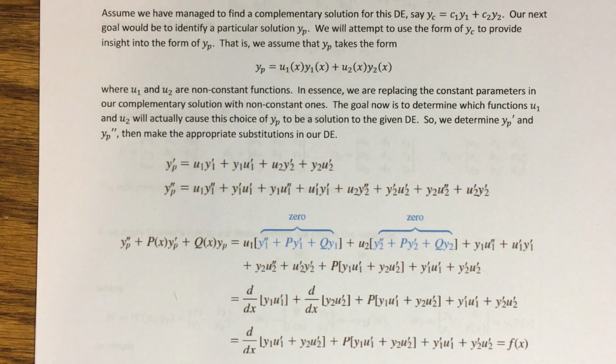They need to belong to a linearly independent set. And then we said if they were linearly dependent, then one function would be a constant multiple of the other. So to guarantee that we don't have linear dependence, we change that constant to a function of x, right? And then we came up with a formula from there. So we're going to sort of mimic that.